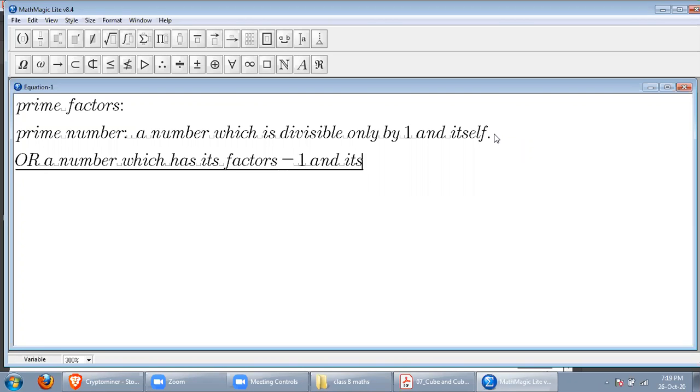So I have used the word factor. What is a factor? Hello, am I audible to you? So what is a factor of a given number?